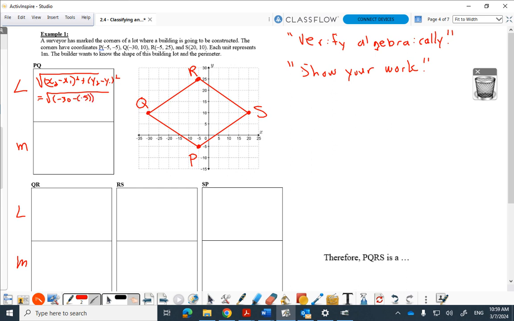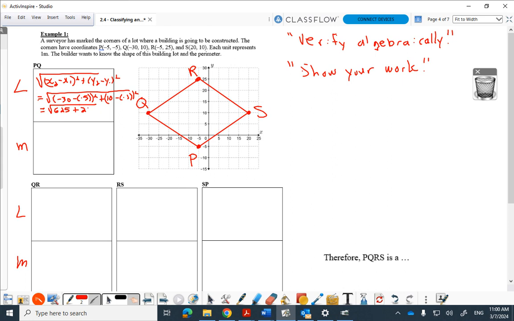Is there enough room on your page? Oh, yeah. It's just on my page there's not enough. Okay. And then 10 minus -5, and that's all squared. So I get square root of (-30 minus -5) squared, that's 625, and 10 minus -5 is 15 squared, that's 225.